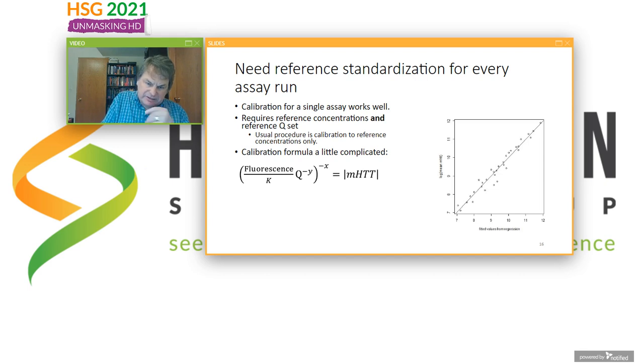But 3 constants in this equation, the K and the Y and the X, are all things that need to be estimated statistically. And to do that, we would need something very similar to one of these experiments that I showed on the first slide, as just a calibration that's part of an individual assay run.